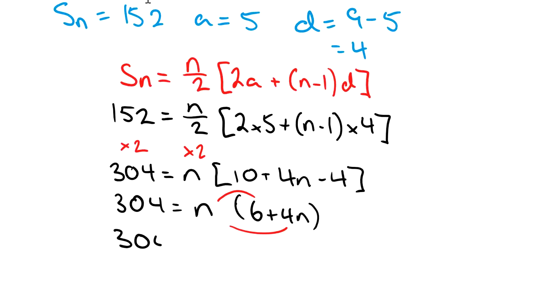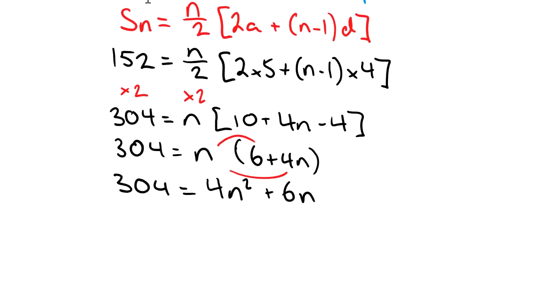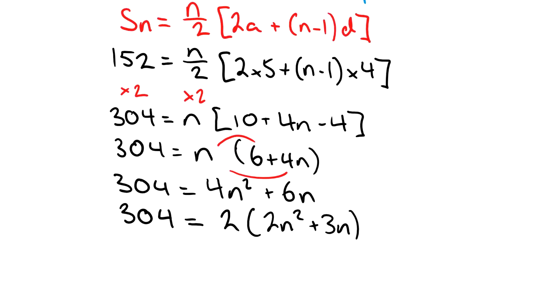So I get 304 equals, I like to have the highest power at the front, so 4n squared plus 6n. Now, there is a commonality. 4 and 6 have a factor, so we can bring that out the front, which means I can actually divide by 2.